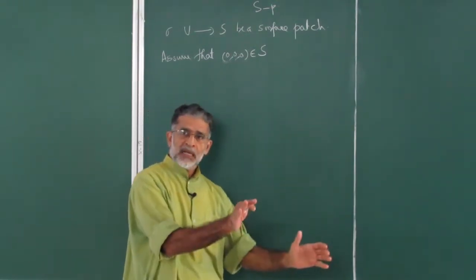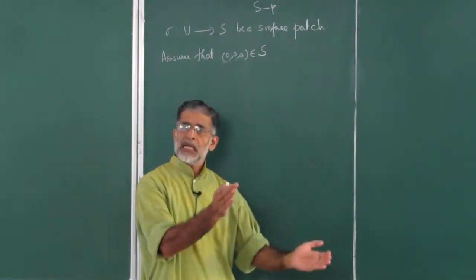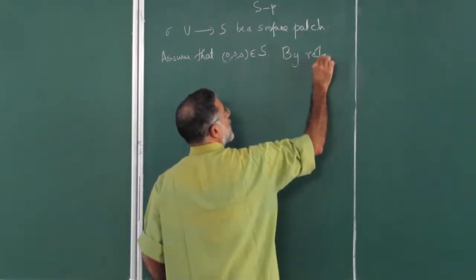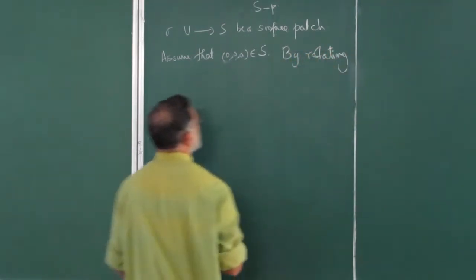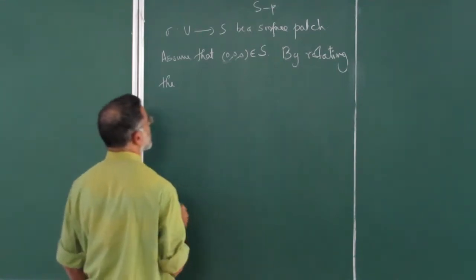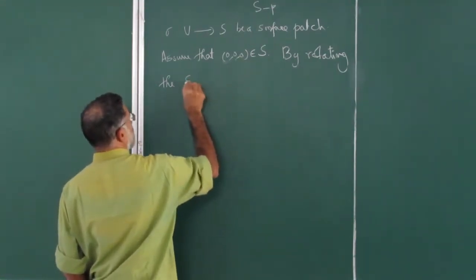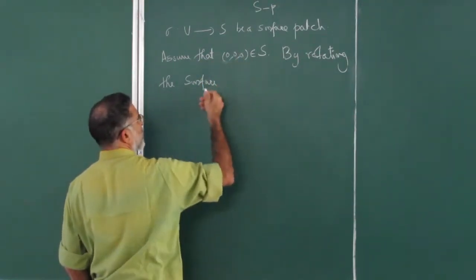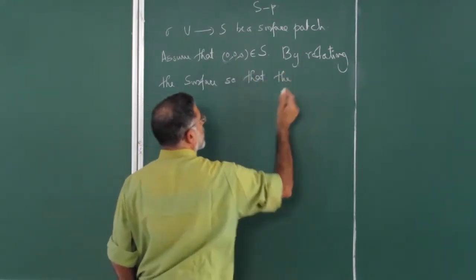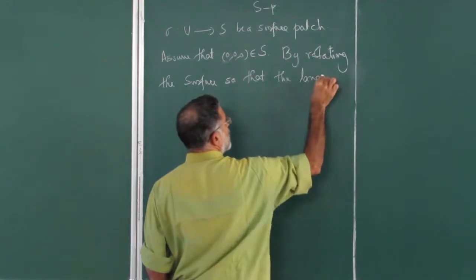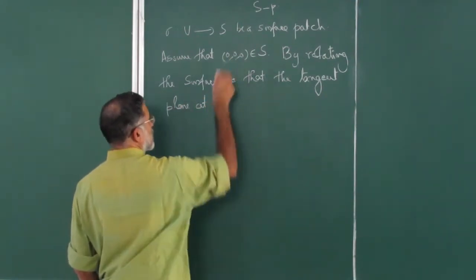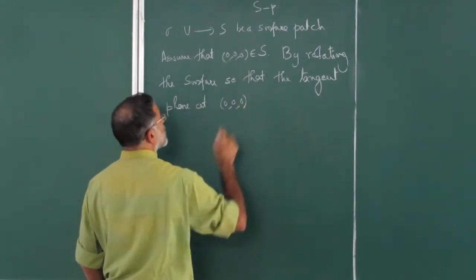Now you rotate it, in fact two rotations are needed. First rotate the surface, the whole R3, so that the tangent plane at this point is tilted appropriately.